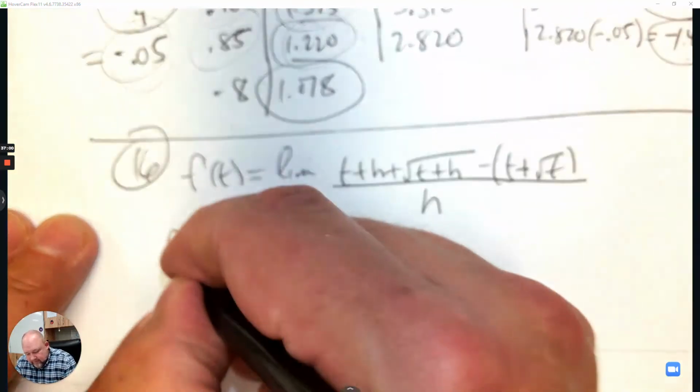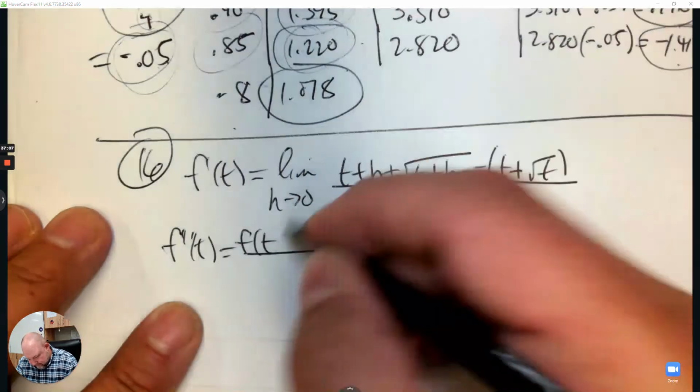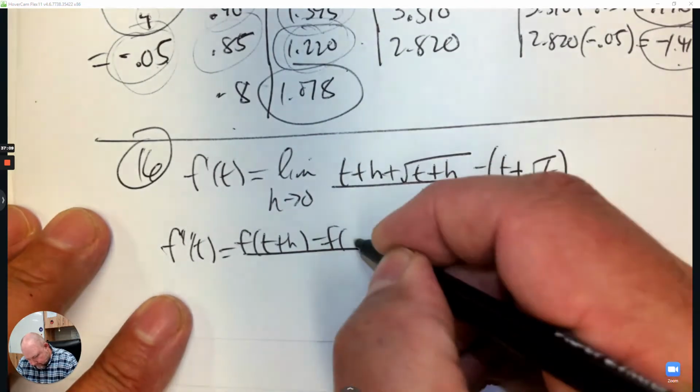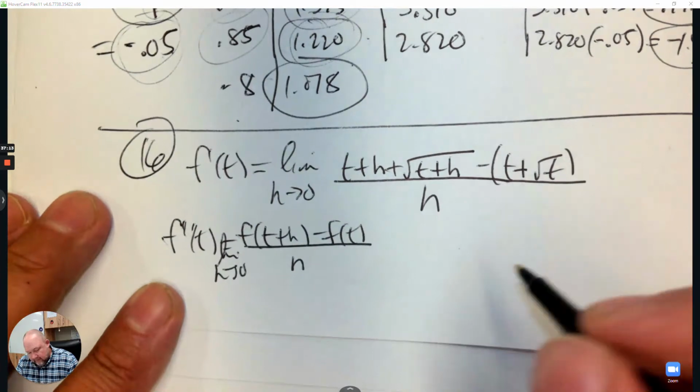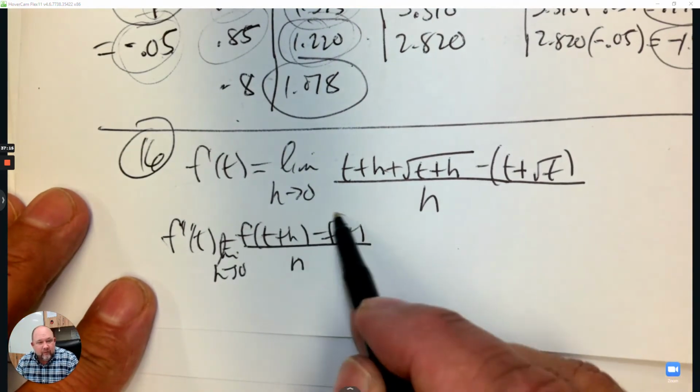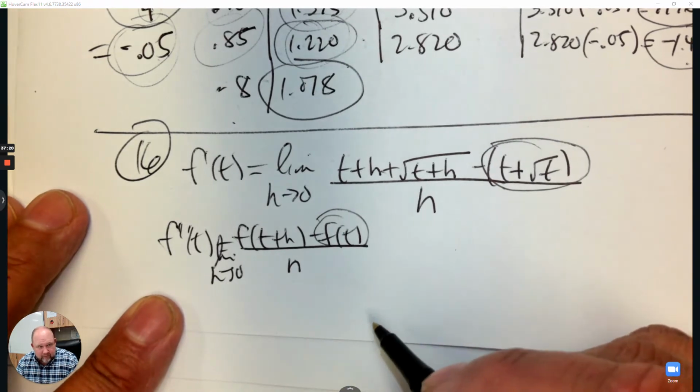The original definition of a derivative would have been this: the limit as h approaches 0, right? And so this is just the function you're taking the derivative of.